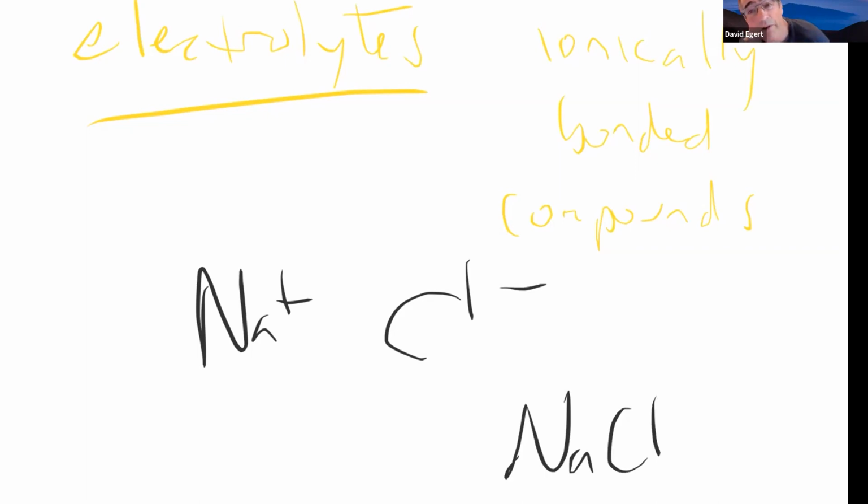In general, how are you going to decide whether something is likely ionically bonded versus covalently bonded? It makes a difference in how it behaves, so you are going to need some basic sense of when a compound is ionically versus covalently bonded.